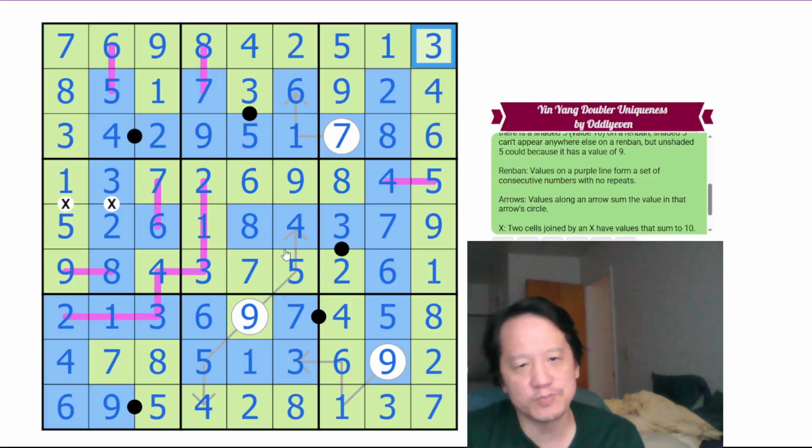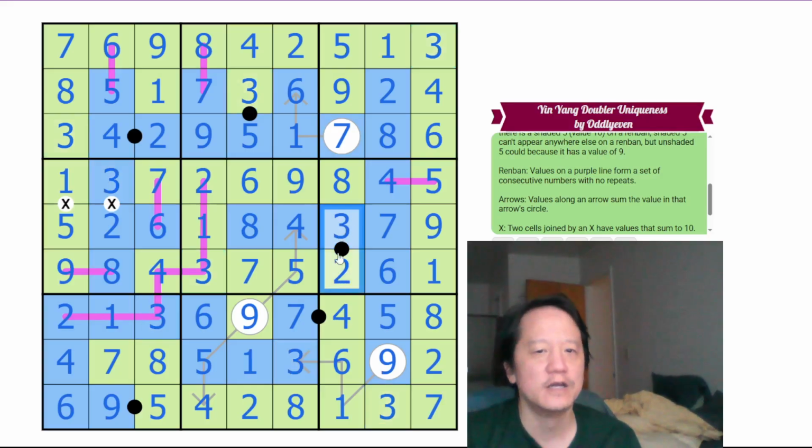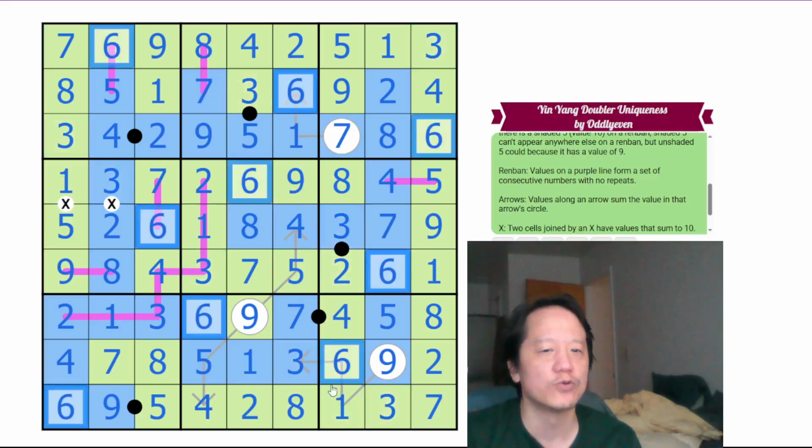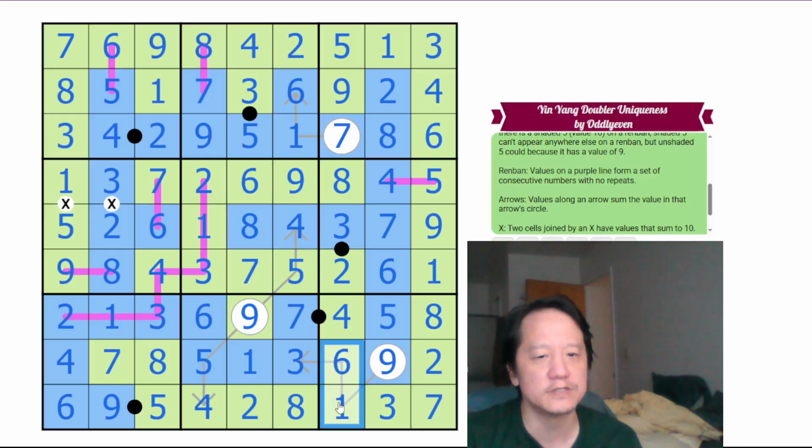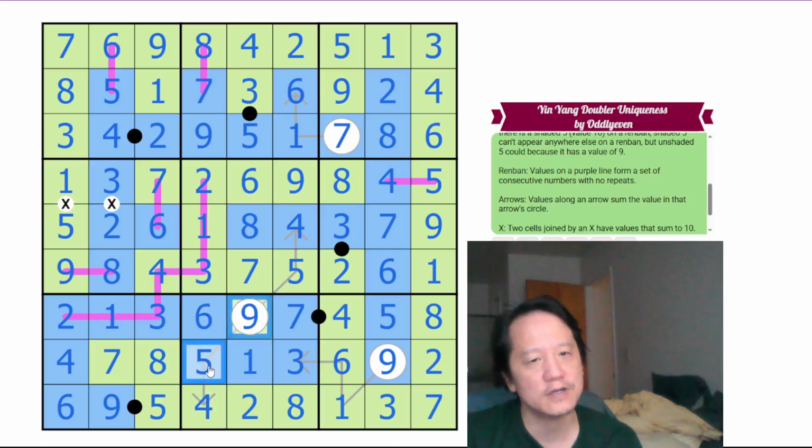I was curious whether there was going to have to be some restriction here, but fortunately this yin-yang shading came in clutch, so that I didn't have to worry about whether we had a uniqueness across arrows versus circles thing. Yeah.